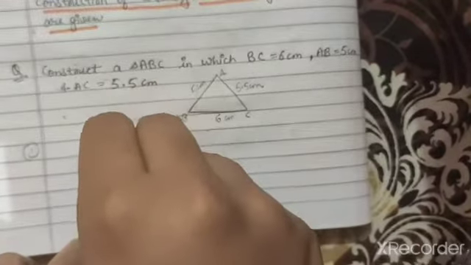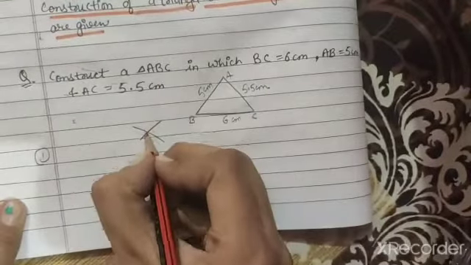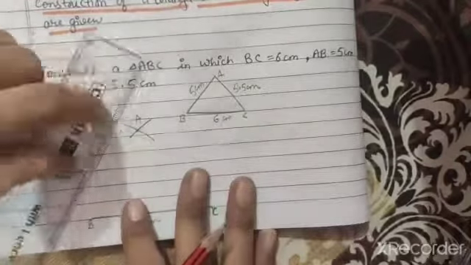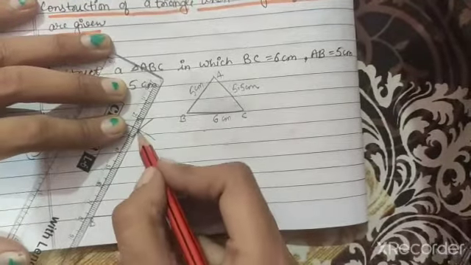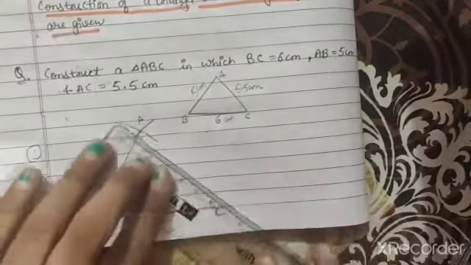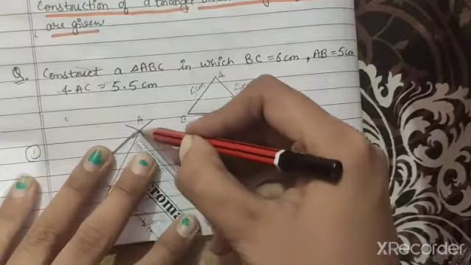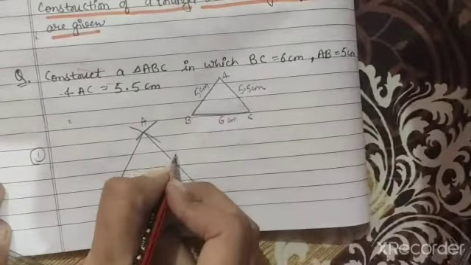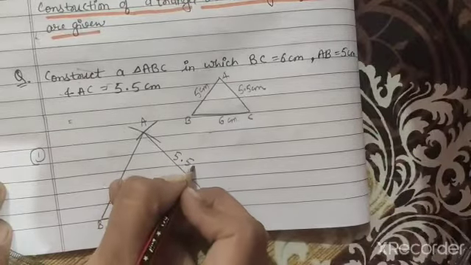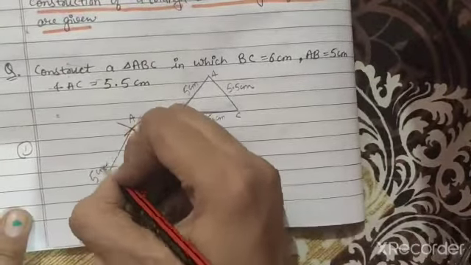So here we go. The point at which both the arcs cut, mark it as A, and join point A with B and also join point A with point C. So this is of 5.5 centimeter because we have drawn the arc with this radius, and this AB is of measure 5 centimeter.